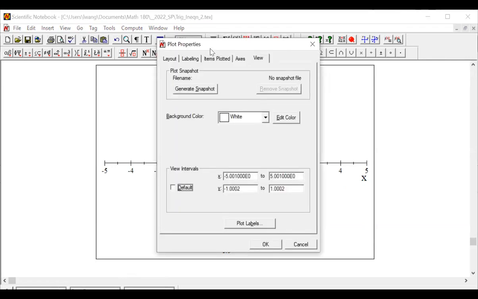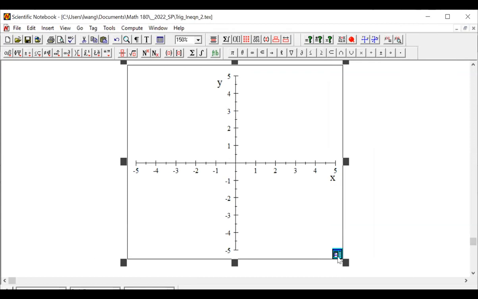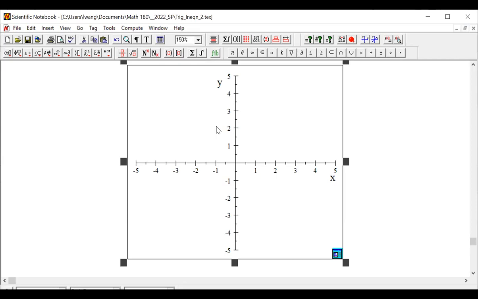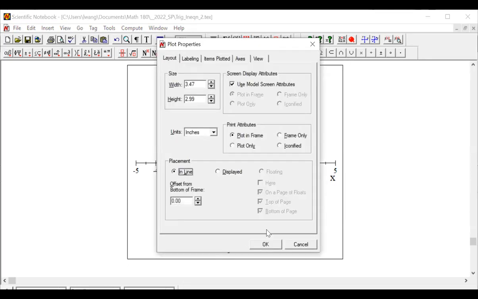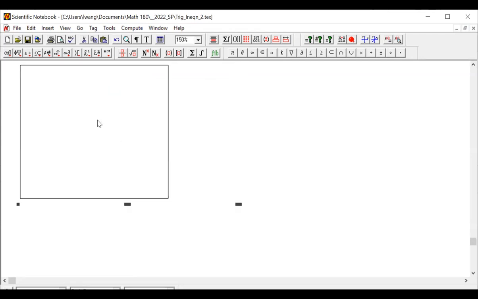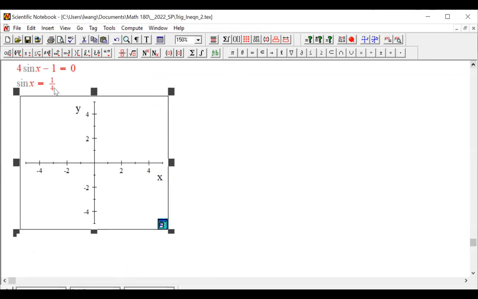According to our definition, let's set up the rectangular system correctly. Okay, sine x equals 1/4. The definition of sine is y over r, or the blue over r, right?